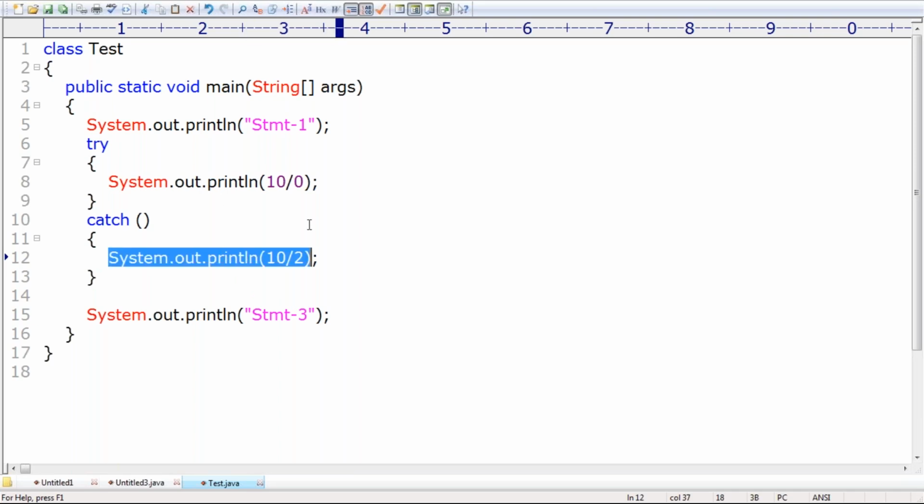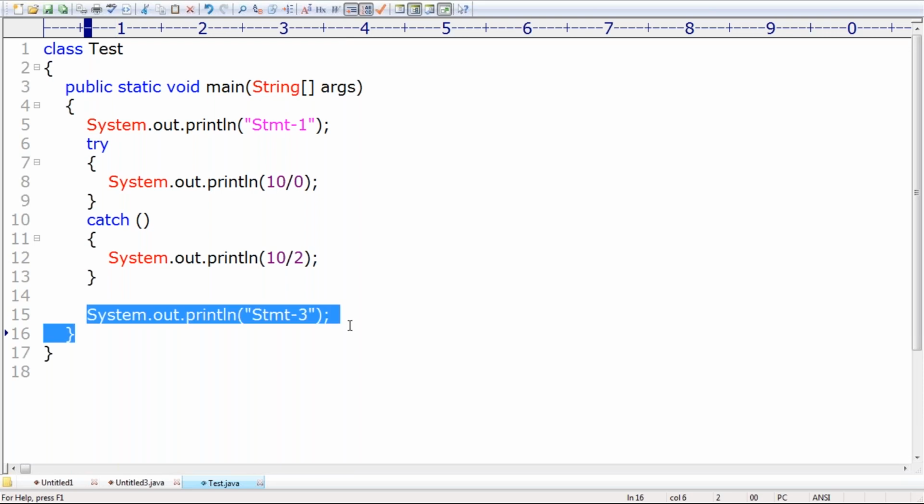Now can you please tell what is the answer you are going to get by default? Statement 1, and then 5, and then statement 3. Correct or not? Will statement 3 execute or not?